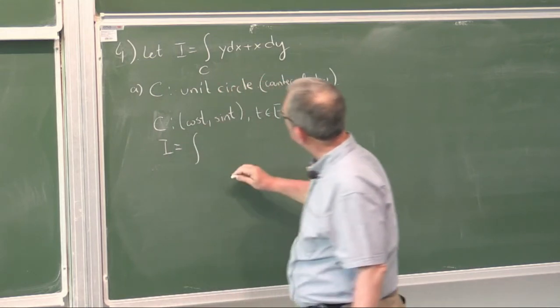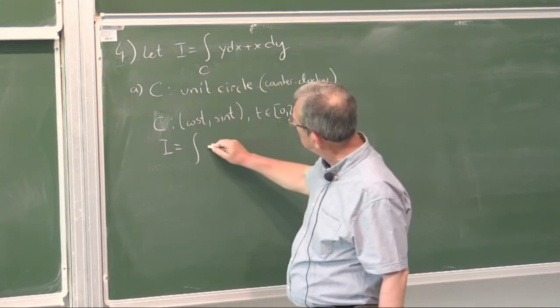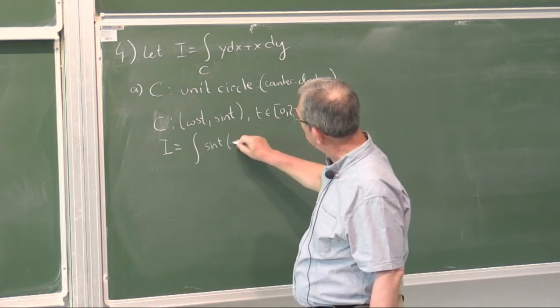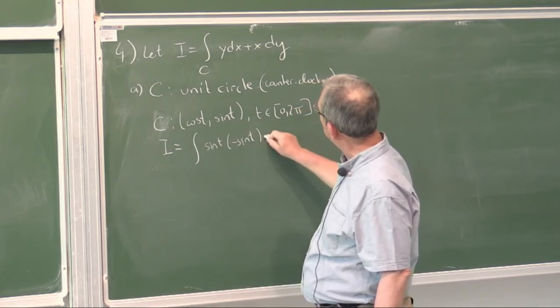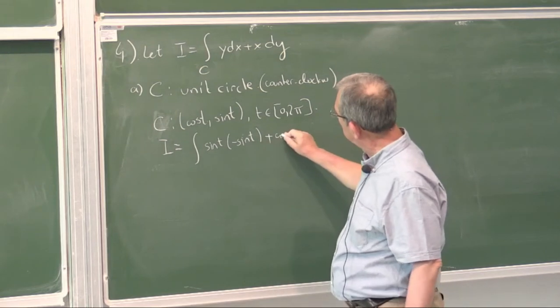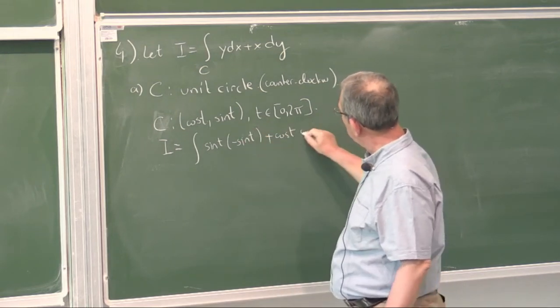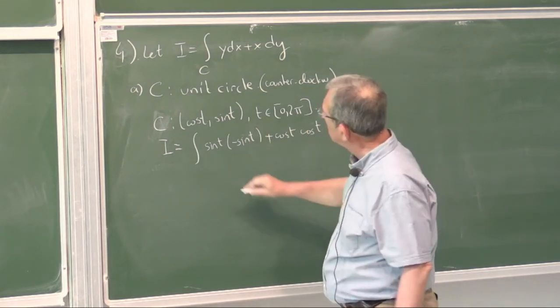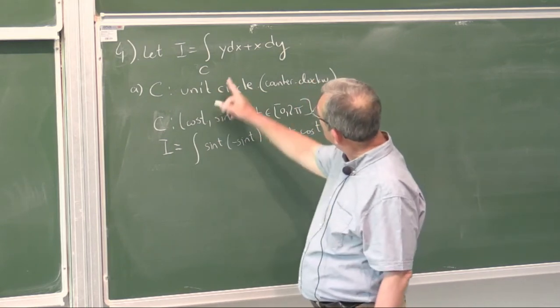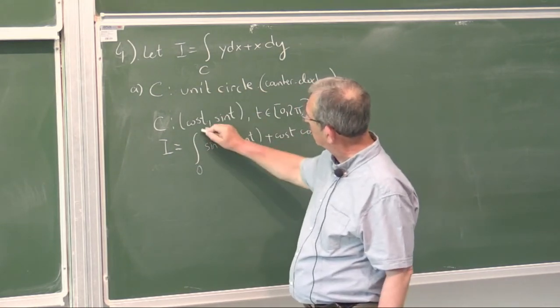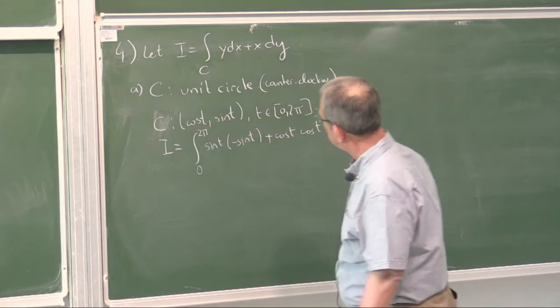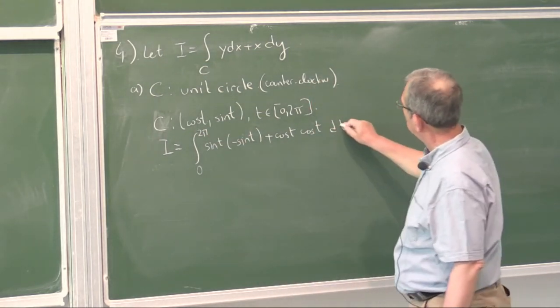Then I becomes y dx, sine t times minus sine t, plus x dy, which is cosine t times cosine t, from 0 to 2 pi dt, of course.